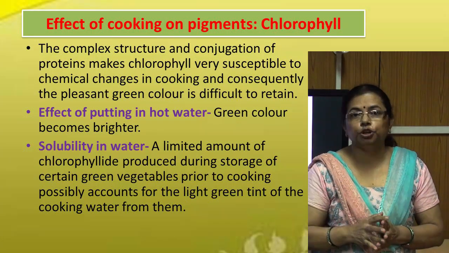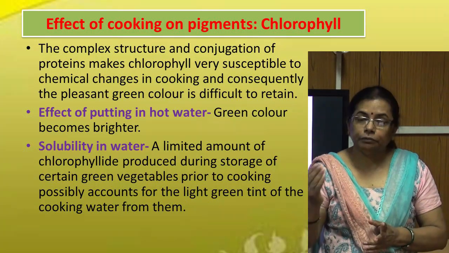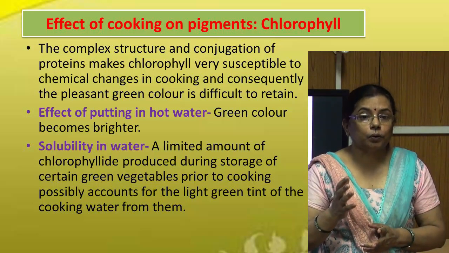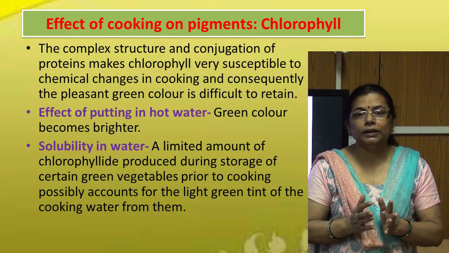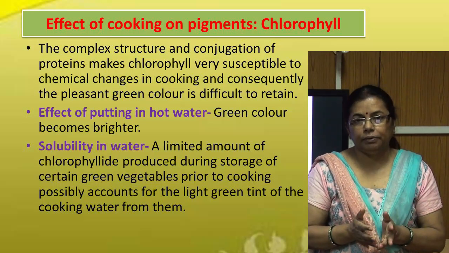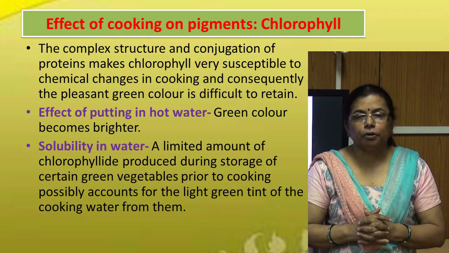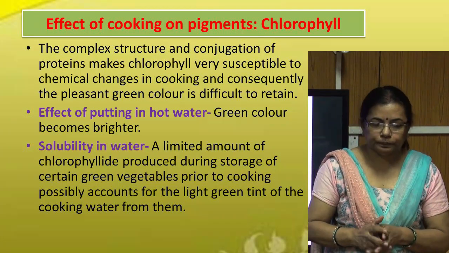You might have observed the light green tint of the cooking water in which green leafy vegetables are cooked. A limited amount of chlorophyllide produced during storage of certain green leafy vegetables prior to cooking possibly accounts for the light green tint of the cooking water.